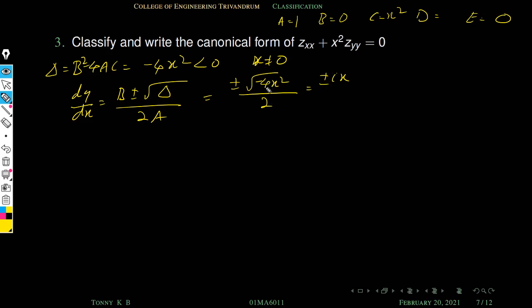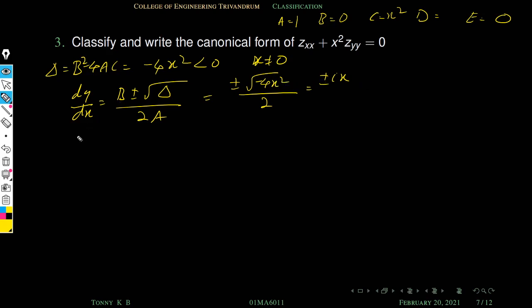Square root of minus 1 is i, and square root of x square is x. So dy by dx equals plus or minus ix. We know it's an elliptic equation, so it has two complex characteristics because its discriminant is negative.